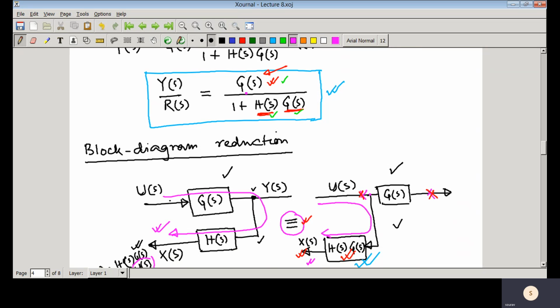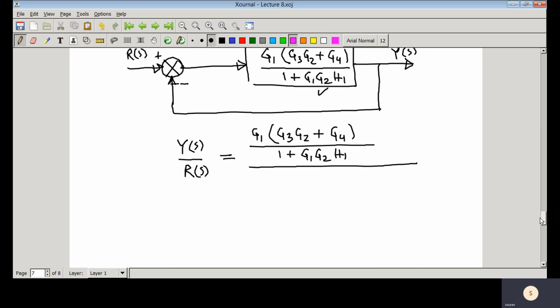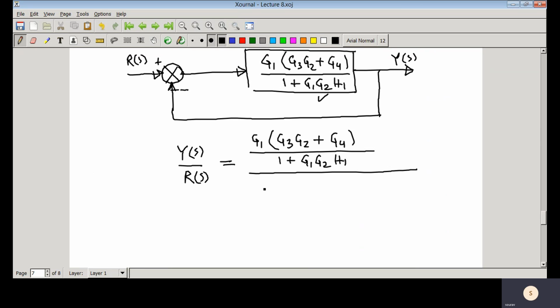Here the feedback path transfer function is 1, so that is 1 into the forward path transfer function, G1 G3 G2 plus G4 divided by 1 plus G1 G2 H1.